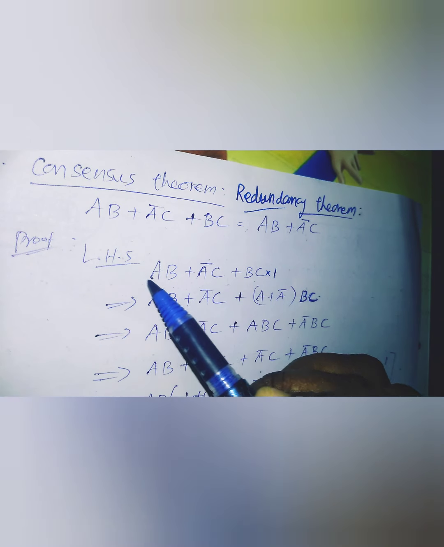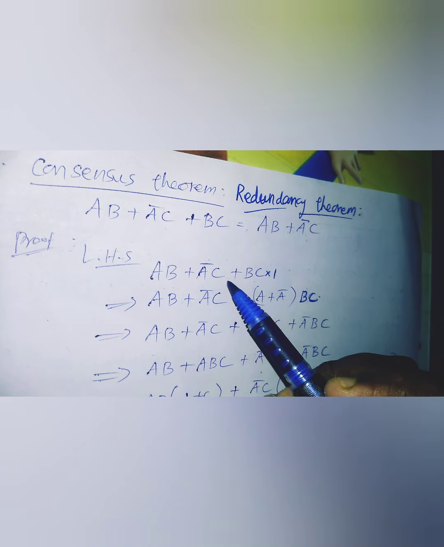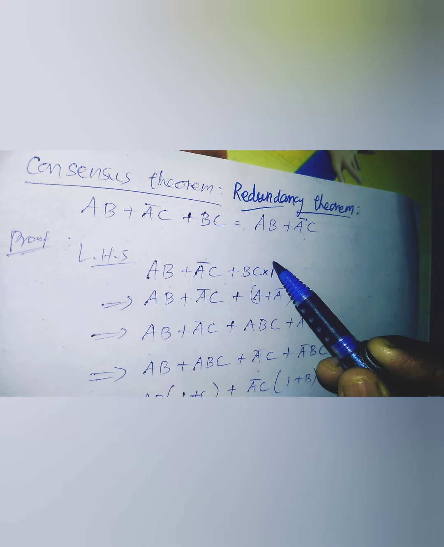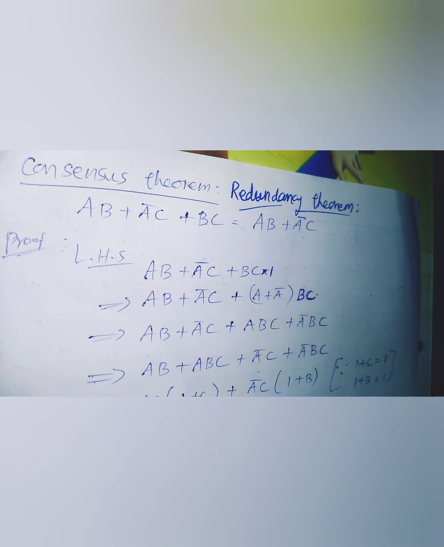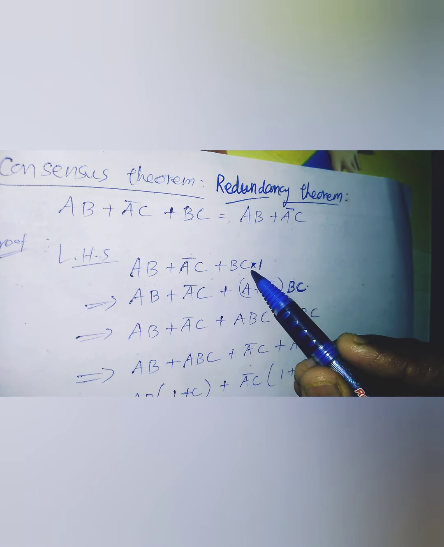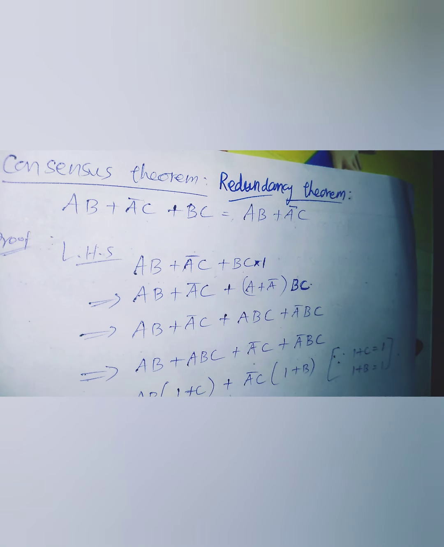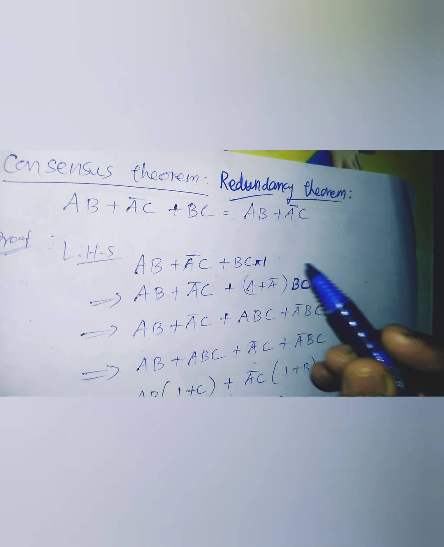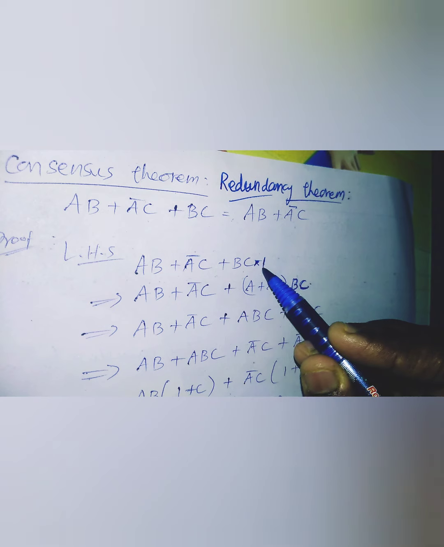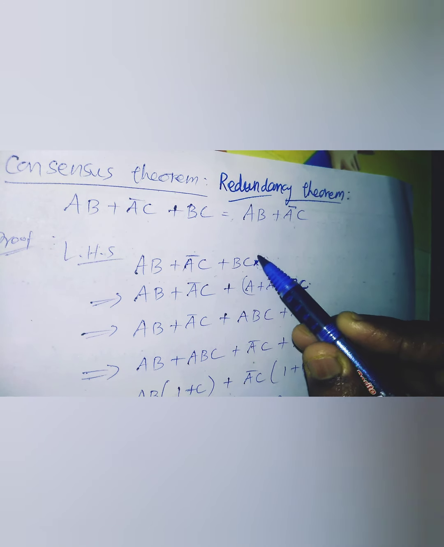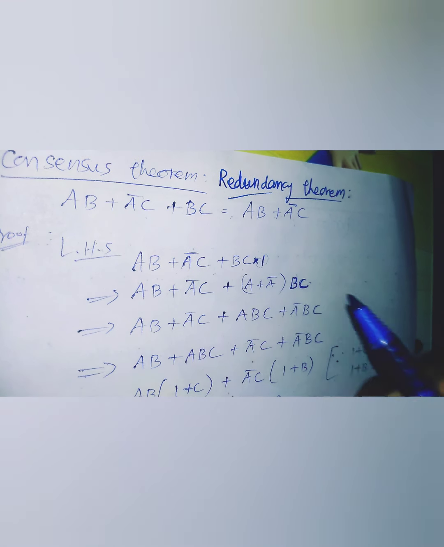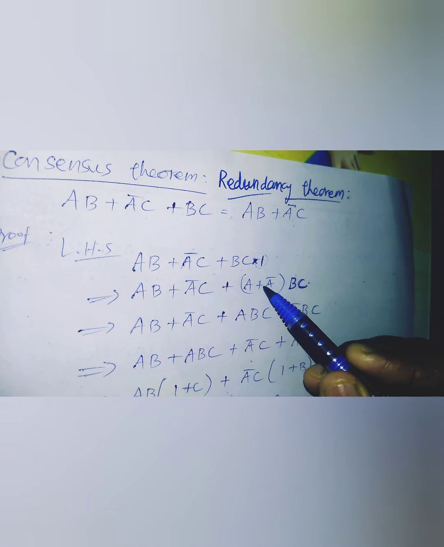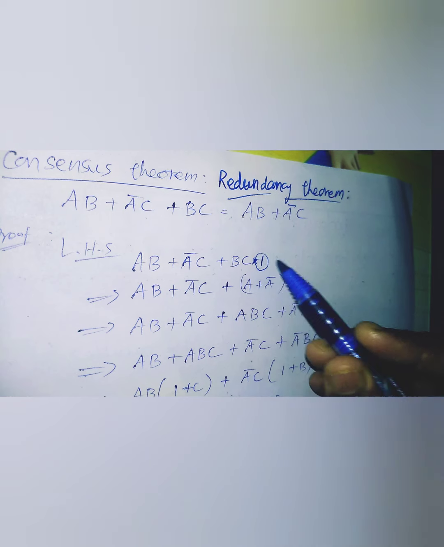Write the left hand side first: AB plus A bar C plus BC. I am just writing 1 over here. The value of BC is not at all changed even if I multiply the 1 with this term. By using OR rules I am placing A plus A bar instead of this 1.